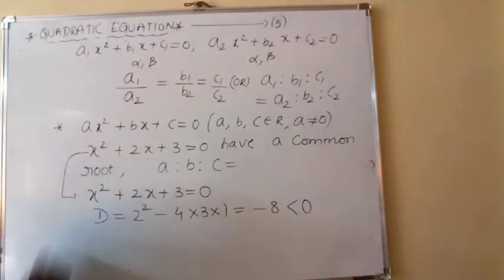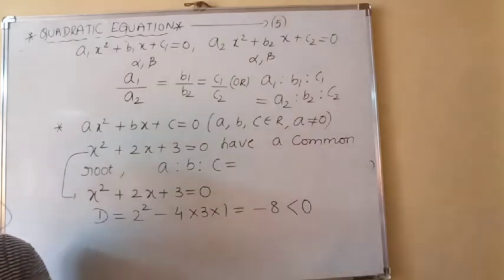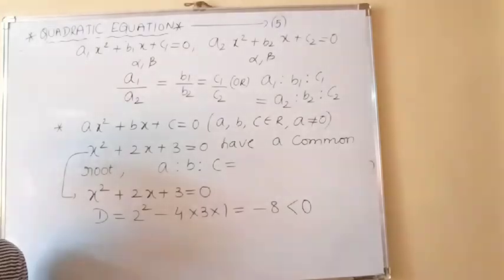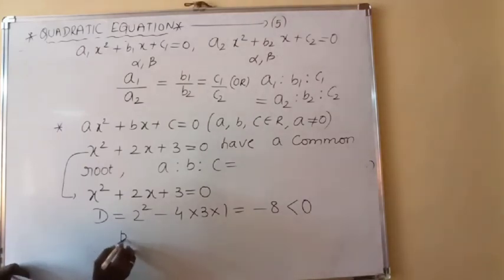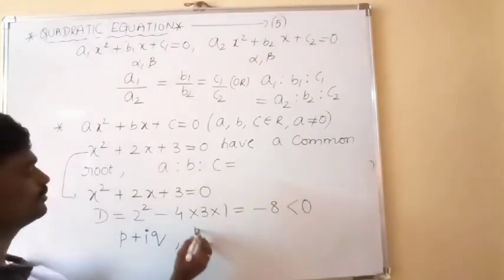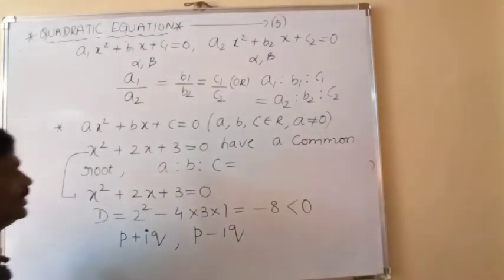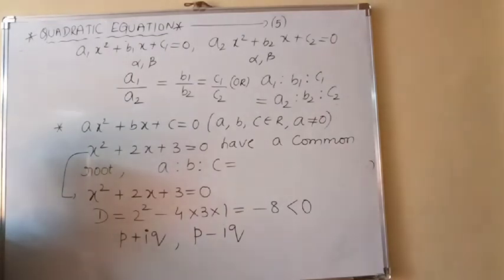That means this quadratic equation has imaginary roots, because discriminant less than 0 means the roots are imaginary and conjugate in pair. So the roots of this equation are of the form p plus iq and p minus iq, where i is iota. Suppose p plus iq is a common root.